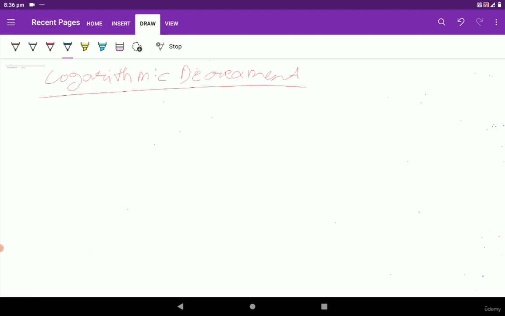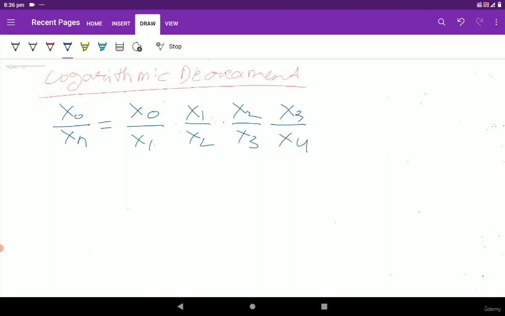So x naught by xn is equal to x naught by x1 multiplied by x1 by x2 multiplied by x2 by x3 multiplied by x3 by x4, and so on up to x(n-1) by xn.